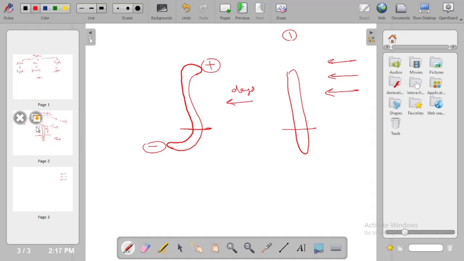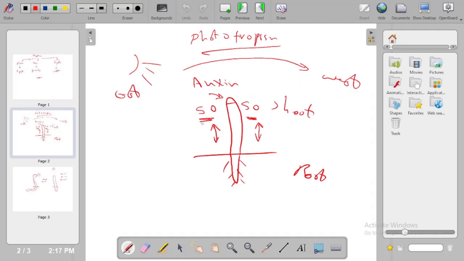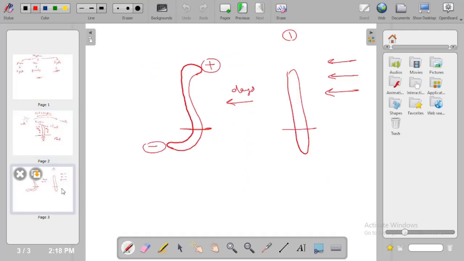We said in the last page that the plant makes hormones called auxins, and the auxins' concentration is usually equal on both sides of the plant, especially when we're talking about the stem. But when we expose the plant to light from one side, the auxins escape from light.